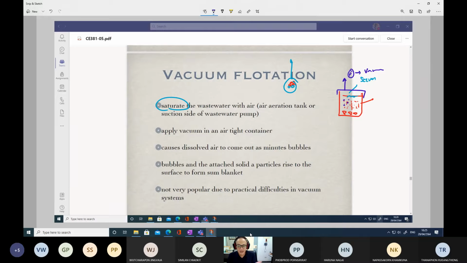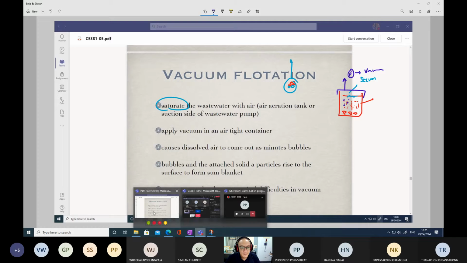We need a lot of capacity to withdraw the air. So vacuum pumps are only suitable for small capacity production. That is why this kind of system may not be very popular.